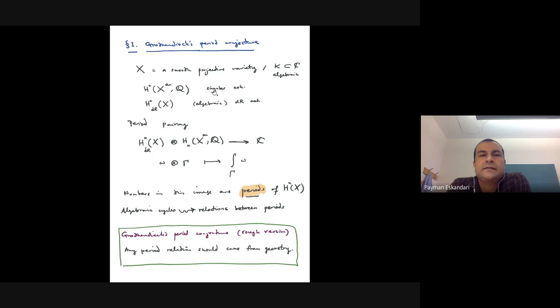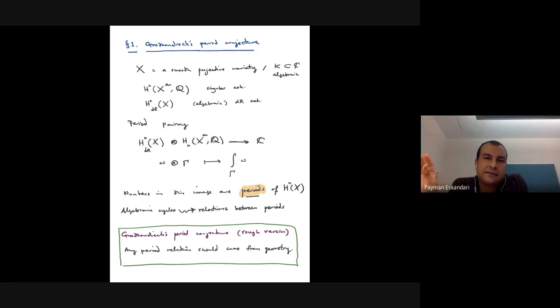So in particular, you have singular cohomology, which is with coefficients in Q. Here you think of X as a complex manifold, and then you take the singular cohomology with coefficients in Q. And then you also have the algebraic de Rham cohomology, not the de Rham cohomology from differential topology.